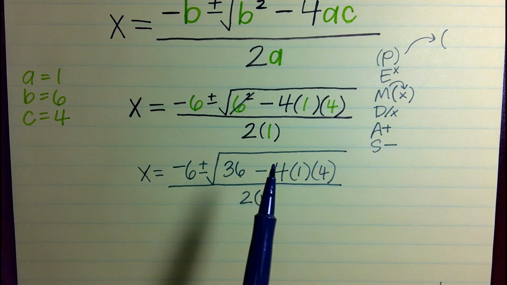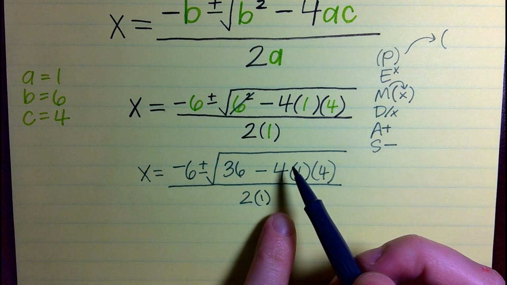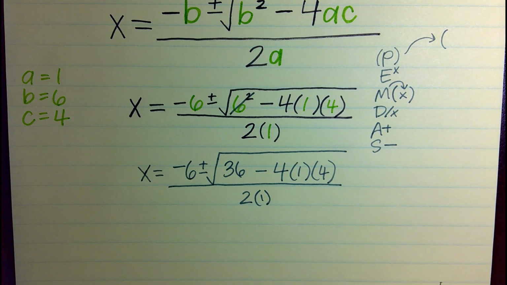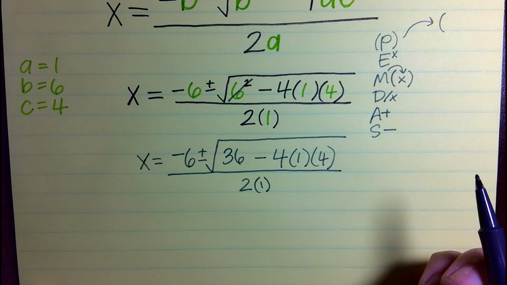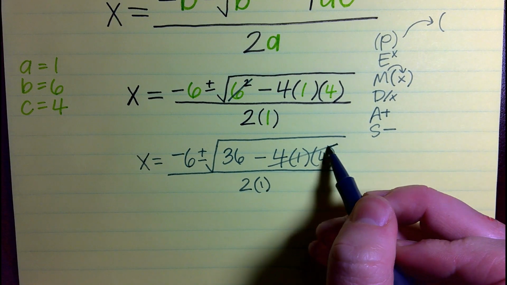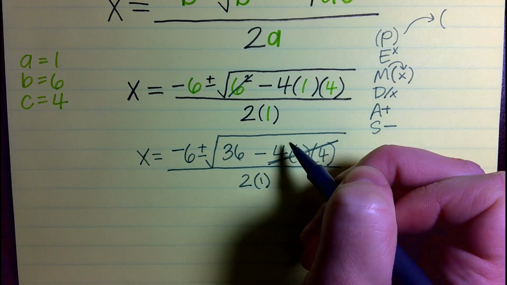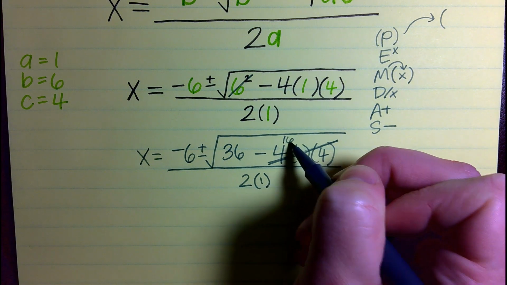Yeah, we have 4 times 1 times 4. What's that going to give us? 16. So I'm going to cross those off. And I'm going to bring it down. Or, you know what I could do? I'm going to write 16 right here.